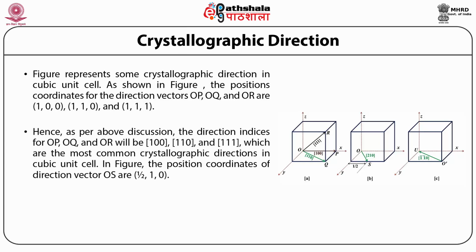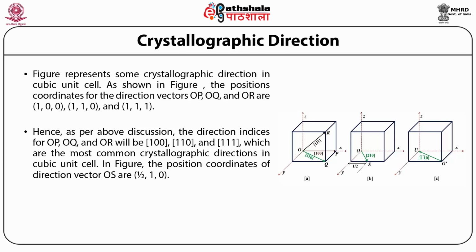Hence, as per the above discussion, the direction indices for OP, OQ, and OR will be [100], [110], and [111], which are the most common crystallographic directions in a cubic unit cell.